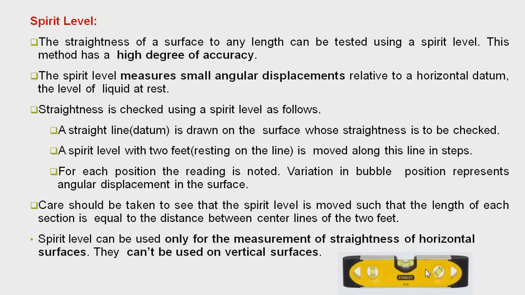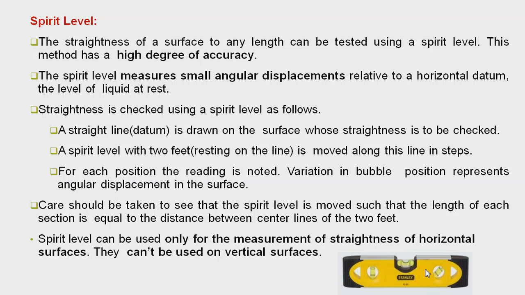Straightness is checked using a spirit level as follows. A straight line, that is the datum, is drawn on the surface whose straightness is to be checked. Now a spirit level with 2 feet as shown in figure is moved along this line in steps. For each position the reading is noted, that is variation in bubble position represents angular displacement in the surface.